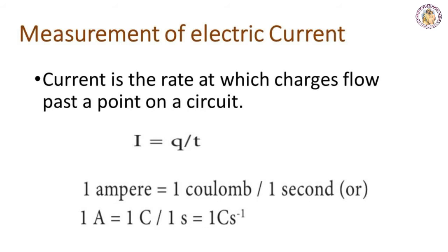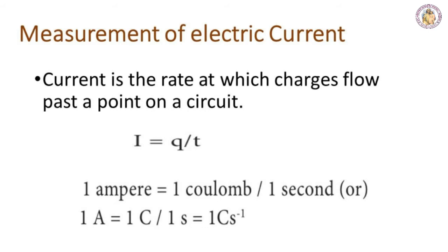If Q is the quantity of charge passing through a cross section of a wire in time t, the current I is represented as I = Q/t. Here I is the current, Q is the charge, and t is the time.